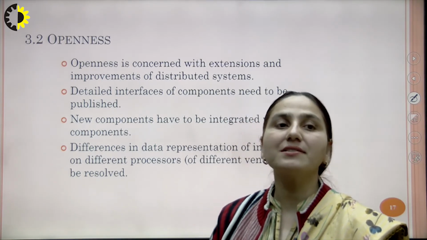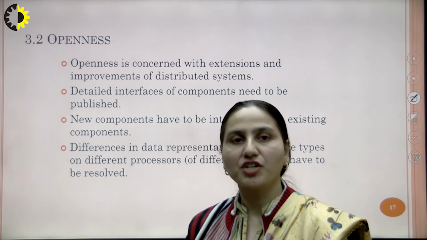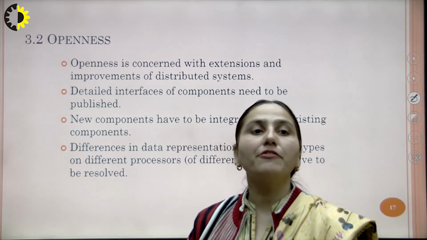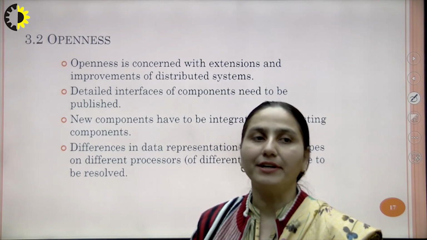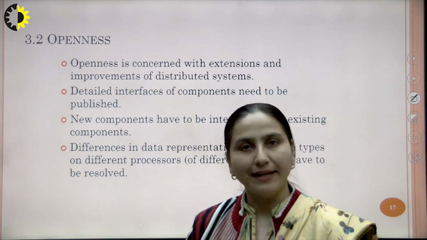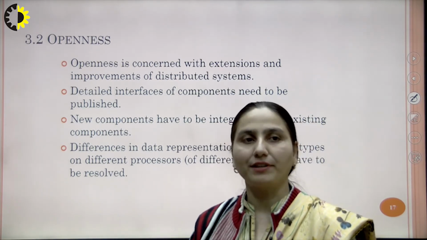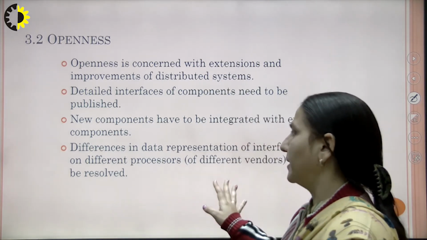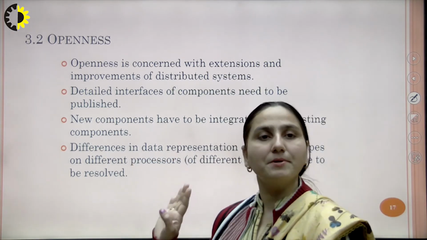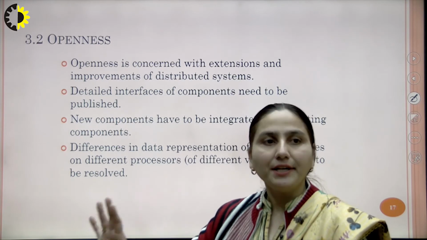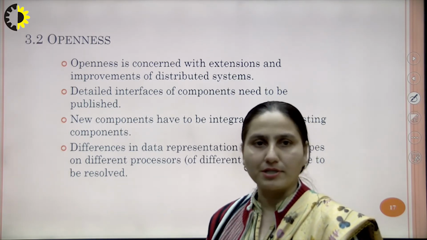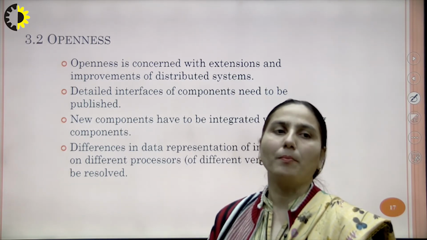Now, differences in data representation of interface types on different processors or different vendors have to be resolved. That means if there is any difference in the representation of the data or of the interface types on different processors, that needs to be properly resolved.